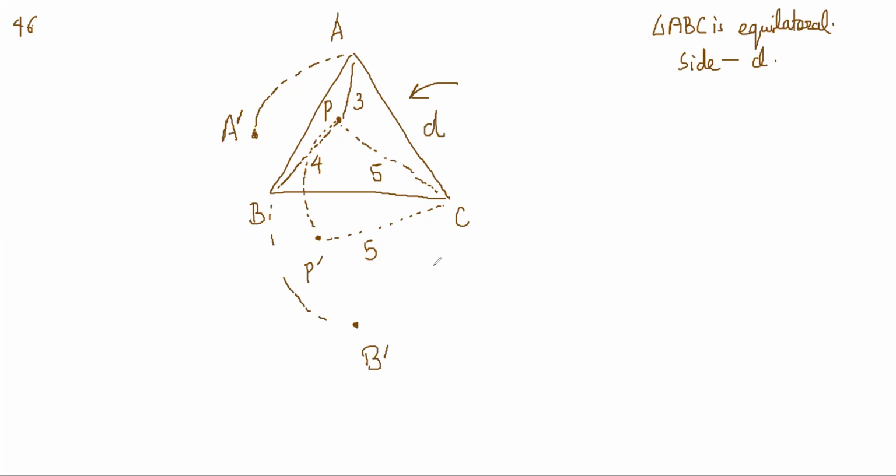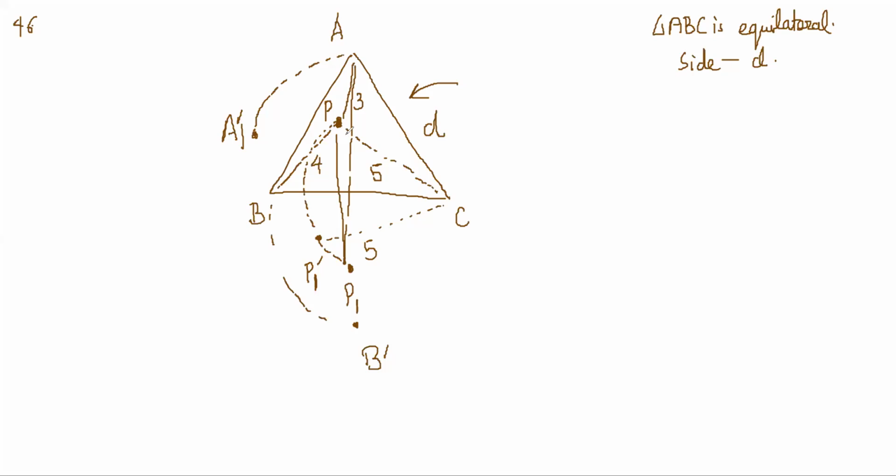So A goes to A1, P goes to P1. You have to find the area of triangle PAP1. Right now it doesn't even look like a triangle, so maybe I should make it a little clearer. There might be a triangle formed like this.